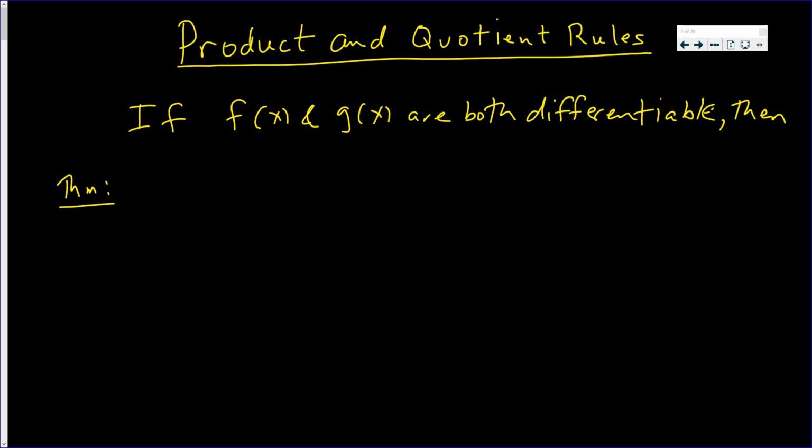Theorem 1, the product rule. Now, this is another command to take the derivative, d over dx. If you take the derivative of f(x) times g(x), this is clearly a product, so I'm about to write down the product rule. What you get is the following.